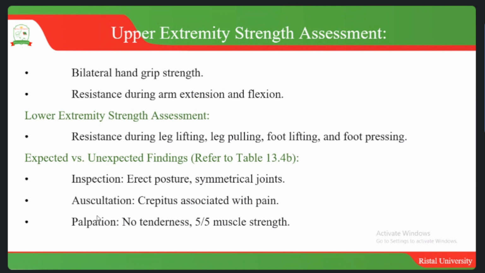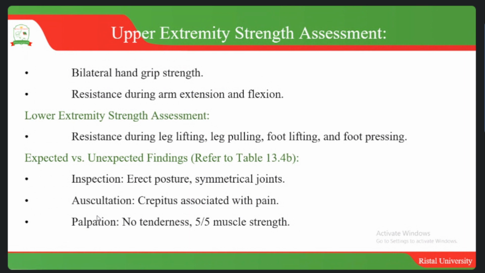Don't only use one side and say he has very good muscle strength, but try to do it on both sides of the hands. Then also resistance during arm extension and flexion. Try to also look at that. If you're telling the patient to stretch his hand and you're putting some resistance, is he able to do it beyond the resistance, or does he just fail to do it?